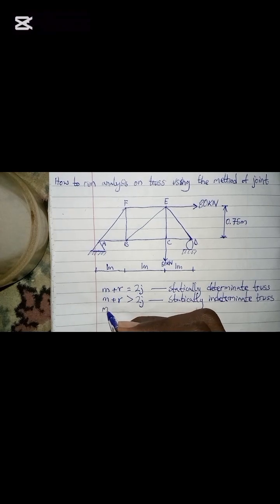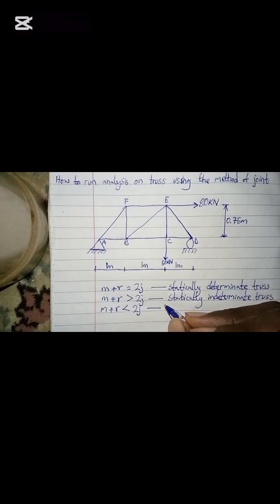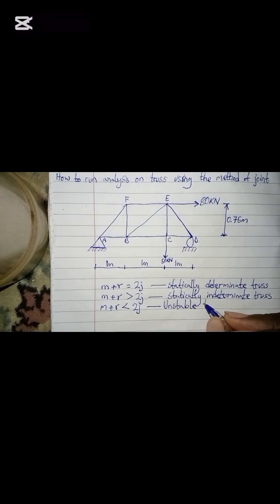M plus R less than 2J is an unstable truss.